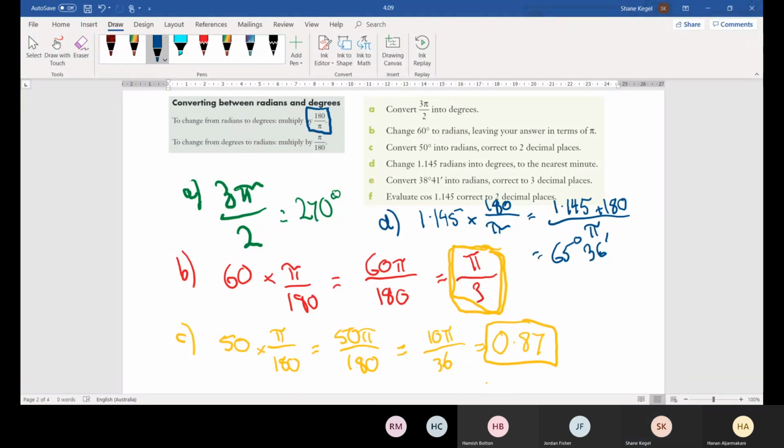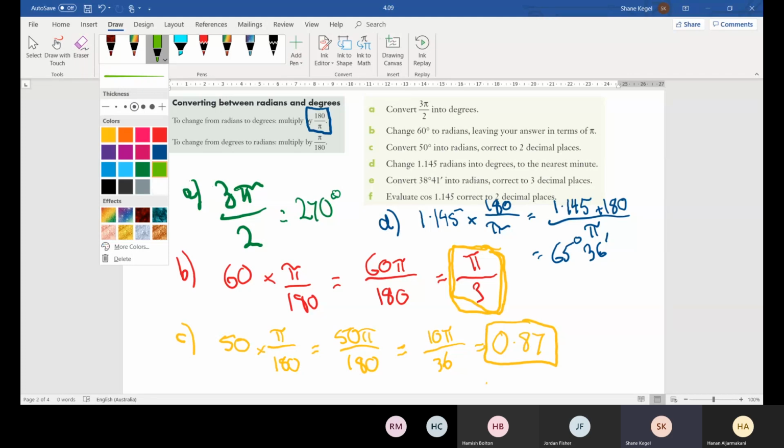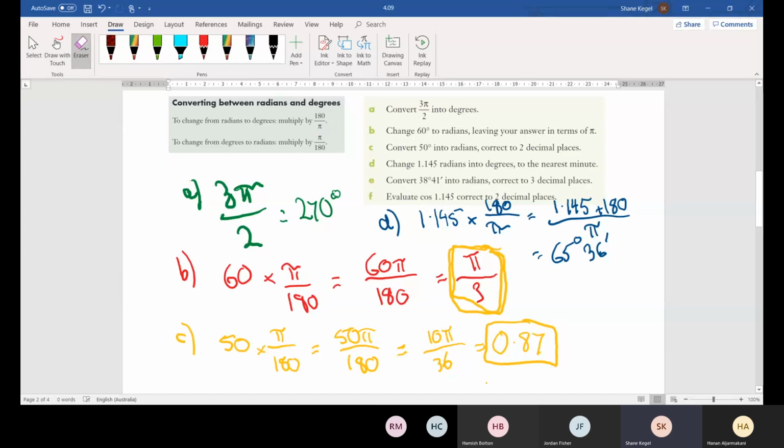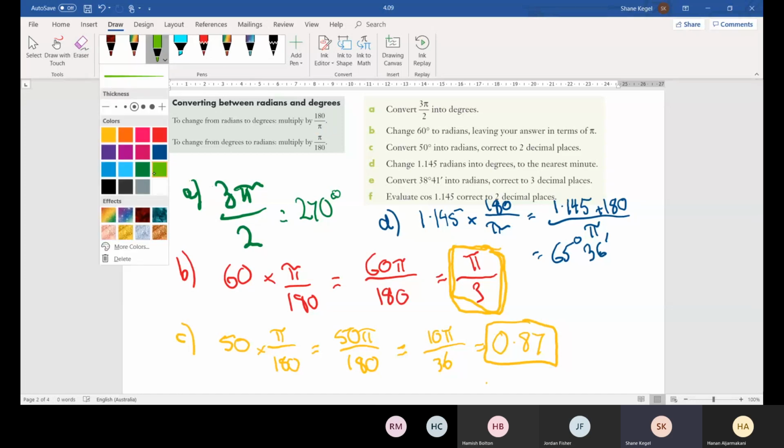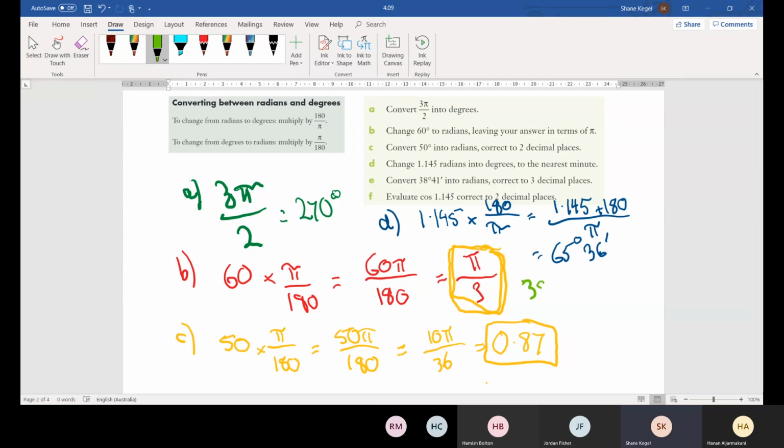Okay. Now, converting 38 degrees, 41 minutes will be exactly the same as converting a whole degree amount. So I'm going into radians, and I say to myself, I want to multiply through by the radian measurement on top. So I'm getting 38 degrees, 41 minutes times pi on 180.